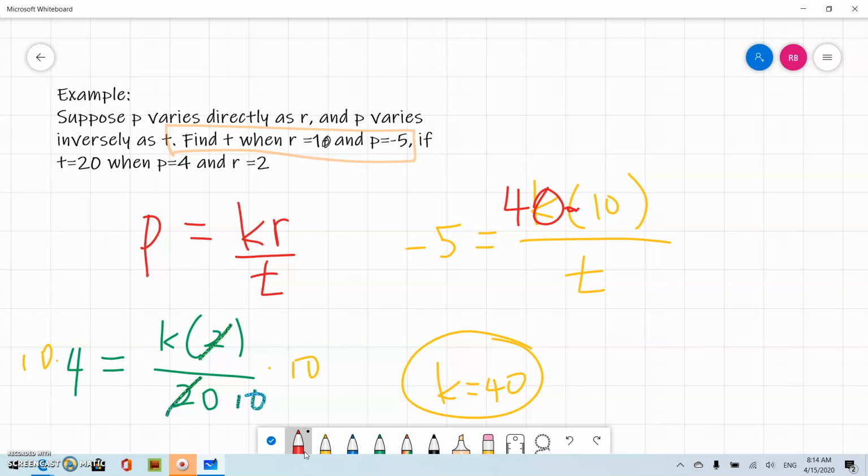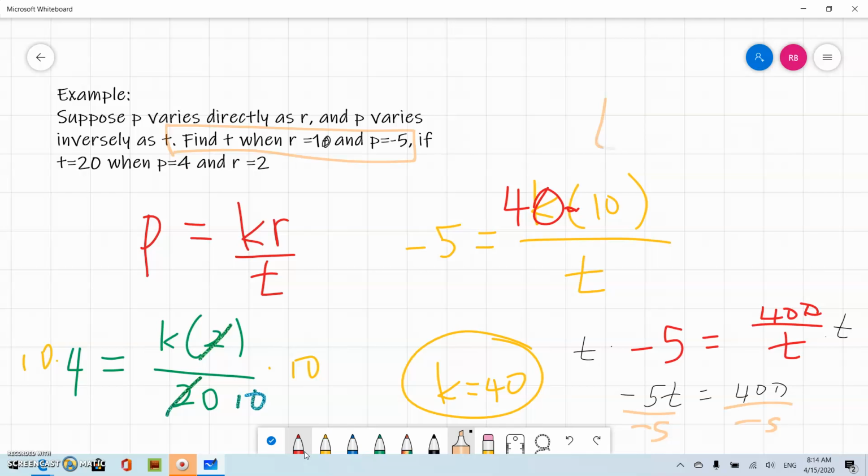To find T, it's -5 is equal to 400 over t, right? To find t, I need to multiply both sides by t. So -5t is 400. And then I need to divide both sides by -5. So then t is equal to -80.